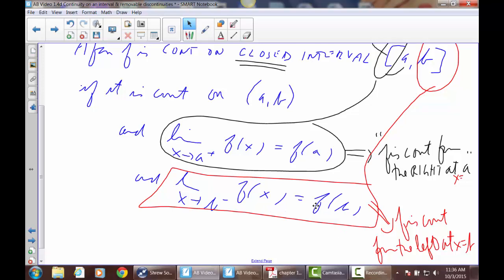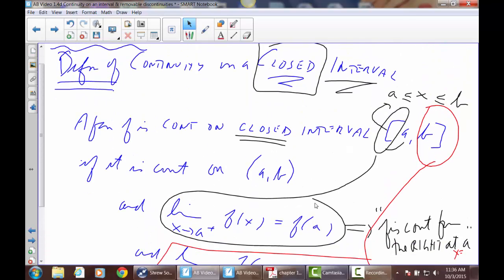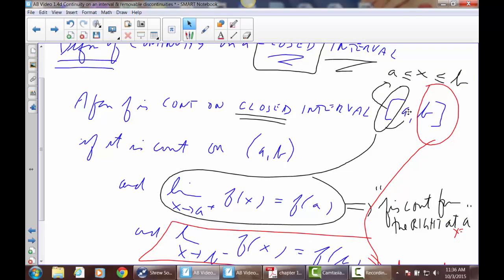I know that sounds confusing, but what's happening is it is continuous not at a, because to be continuous at a, the limit as x approaches a from the left would have to equal the limit as x approaches a from the right, and we're not looking at anything to the left of a. But the square bracket implies basically that the limit as x approaches a from the right actually will equal f of a.